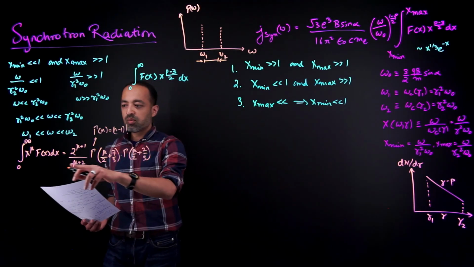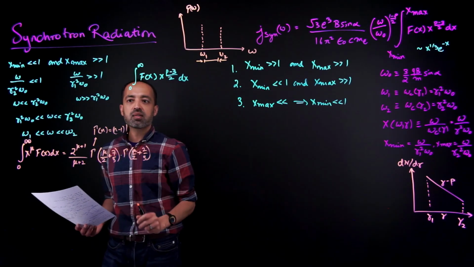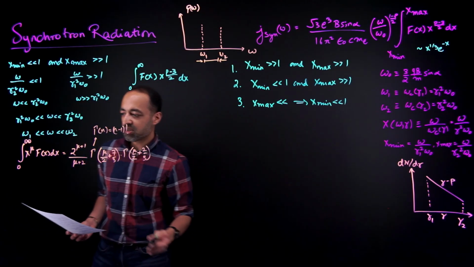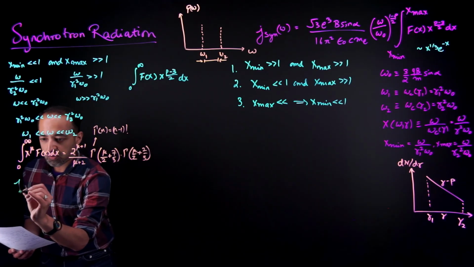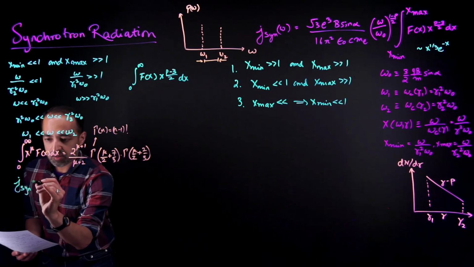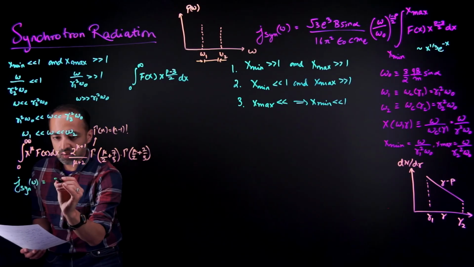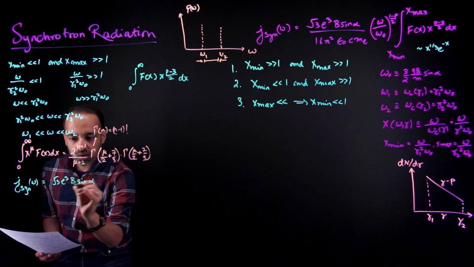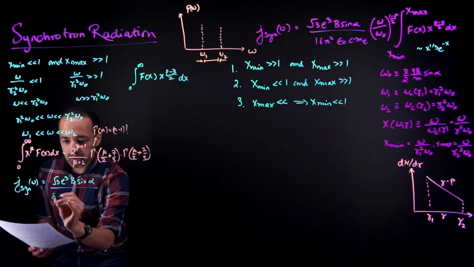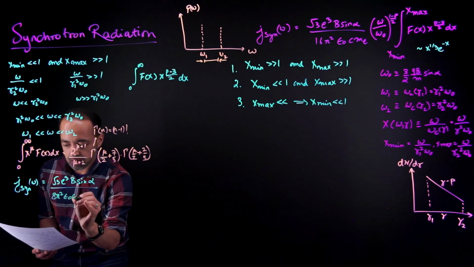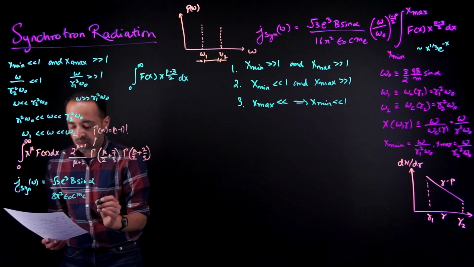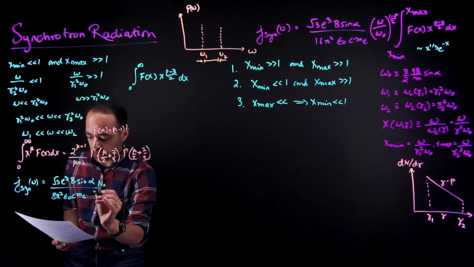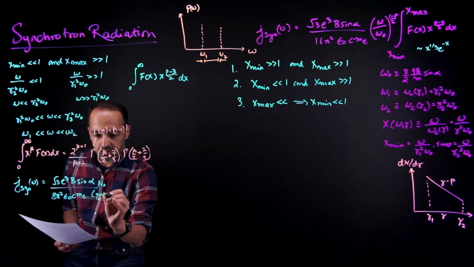So in our case, our mu is p minus 3 over 2, so you can put that into this expression, and that will give us the expression for J sin of omega that I'm going to write down here. So our J sin of omega in this particular case is root 3 e cubed B sin alpha over 8 pi squared epsilon naught c m_e, and then there's an n naught, and then because of this mu plus 1, we get a p plus 1 here.